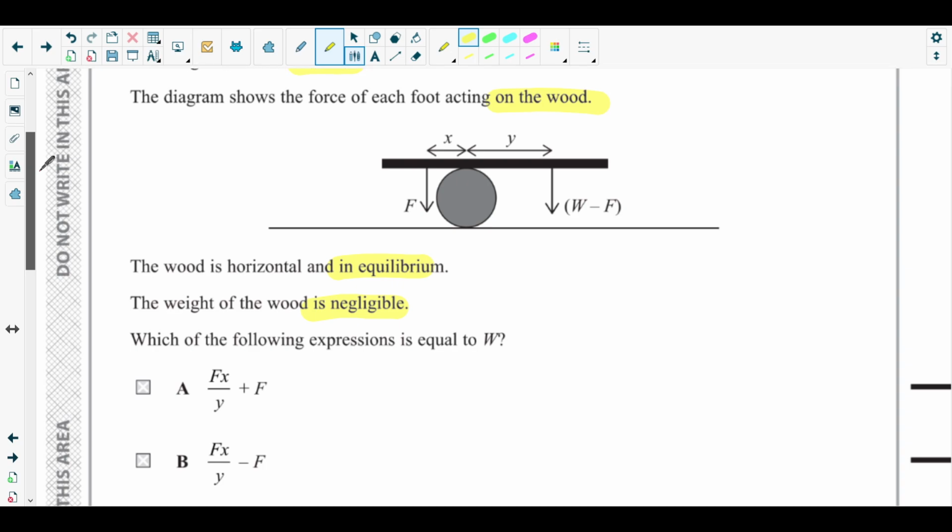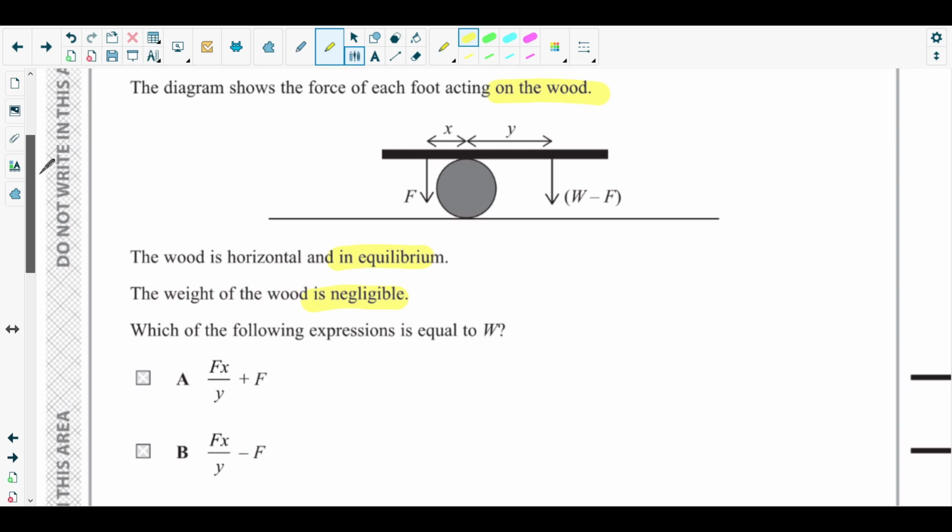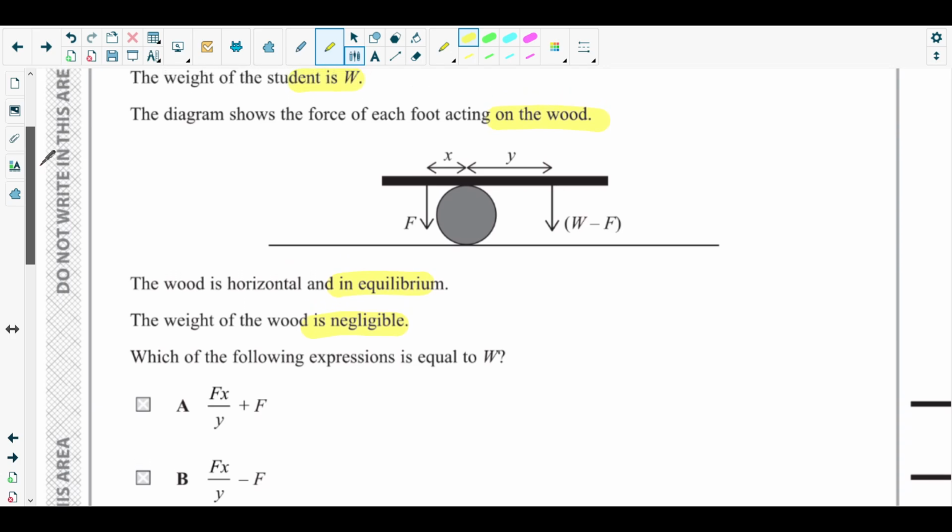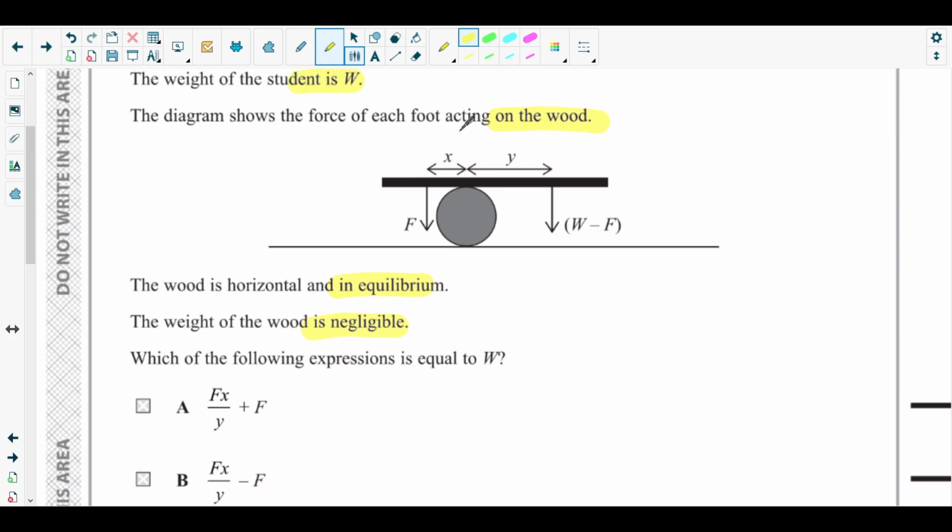Let's consider moments about this pivot, because at this contact there is a normal contact force acting, so we have to ignore this normal contact force. So let's take moments about this point.